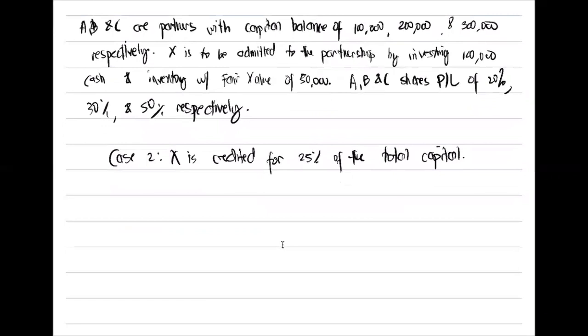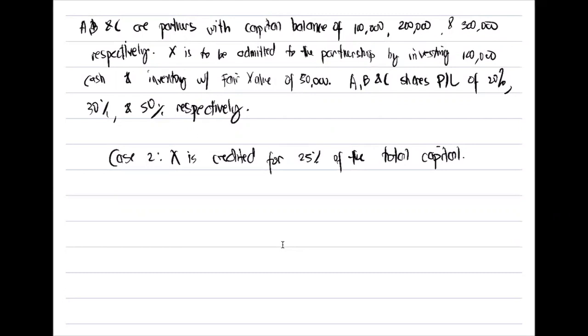Okay? A, B, and C are partners with capital balance of 100,000, 200,000, and 300,000 respectively. X is to be admitted to the partnership by investing 100,000 cash and inventory with fair value of 50,000. A, B, and C share profit or loss of 20%, 30%, and 50% respectively. X is credited for 25% of total capital.